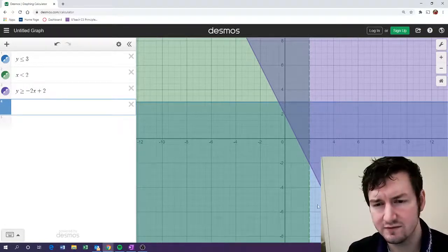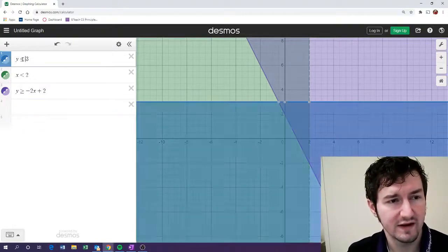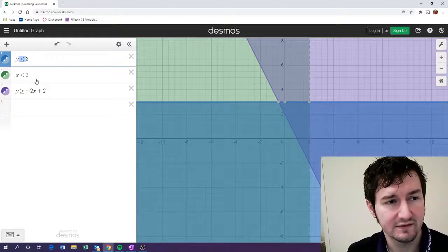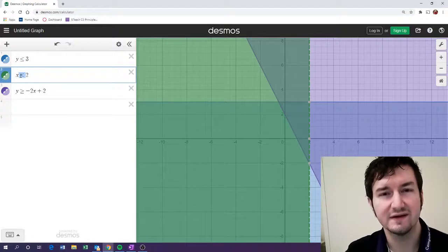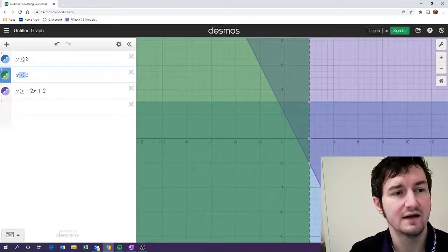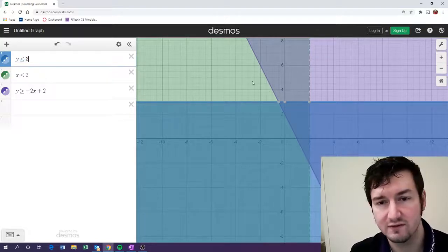Now also notice, do y'all see how this line right here is dotted, a dashed line, and then these 2 lines are solid? That comes from whether or not we have a less than or equal to, or just a less than. If it's just a less than sign, then it's going to be the dotted or dashed line. And if it is less than or equal to, then it's going to be a solid line.